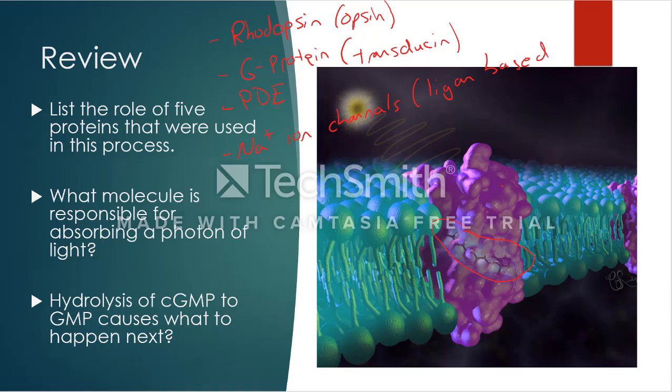And so we need one more. Remember, after the sodium ions stopped moving into the cell, we caused a hyperpolarization wave that traveled down the rod, eventually made its way to the synaptic ending of the rod, which closed voltage-gated calcium ion channels. Okay, so those are the 5 proteins we discussed.